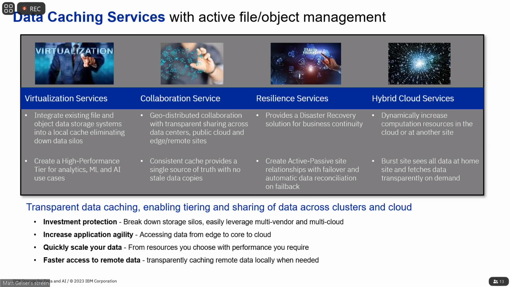So a practical example: many customers have NetApp deployed as their file storage. They may want to leverage that in a high performance way for, let's say, GPU direct storage. They're doing some inferencing on data, or they're doing training on large data sets, and they want to bring that into the high performance tier. They vertically cache that into the global data platform using IBM Storage Scale.